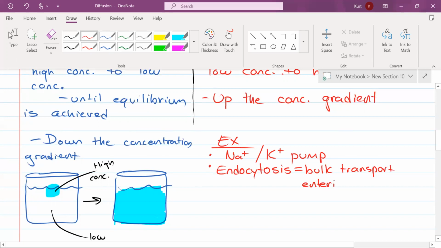What do you think the opposite of endocytosis is? Yeah, exocytosis. Exocytosis is bulk transport exiting the cell.